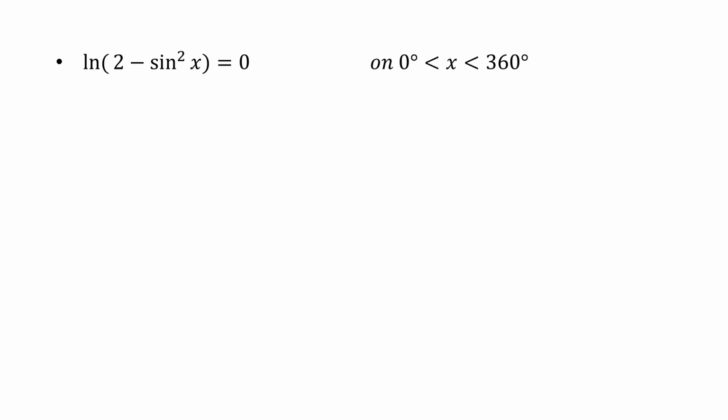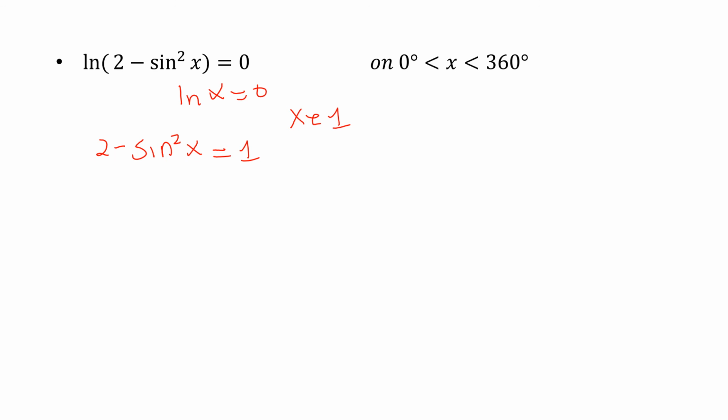Now we have the ln of a function equals 0, and from our natural logarithm class, we know that when ln of x is equal to 0, that means x is equal to 1. So from this equation, we know 2 minus sine squared x is going to equal 1.